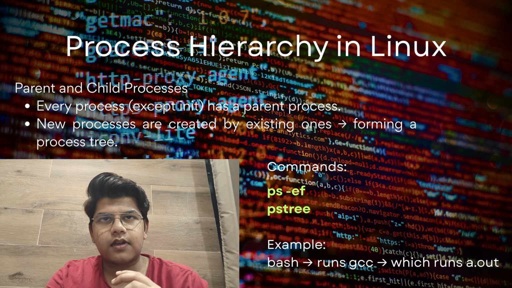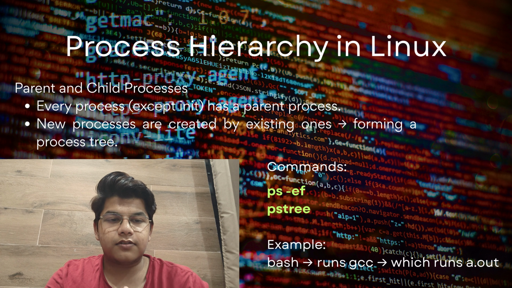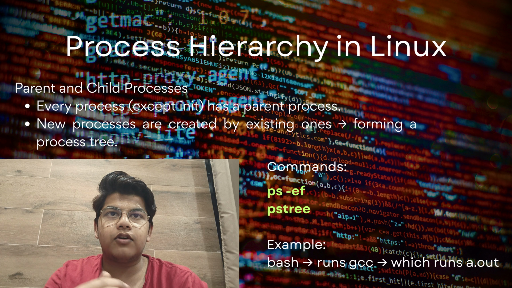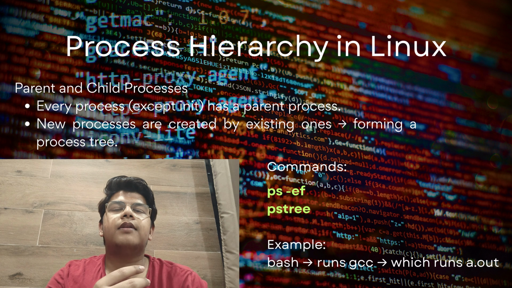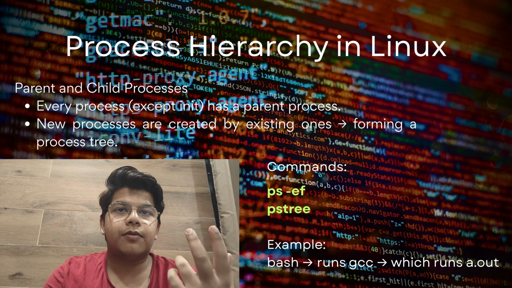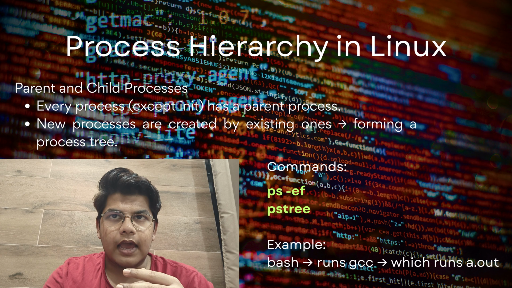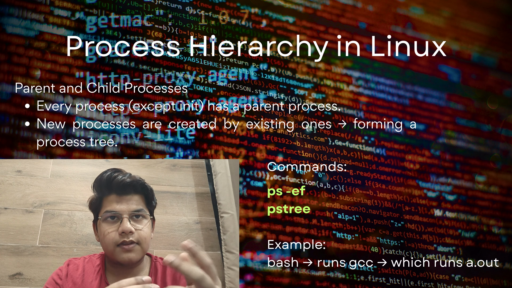In Linux, processes are organized into a hierarchy. Every process except the first one created at boot has a parent. When a process creates another, the new one is the child, and this parent-child relationship forms a process tree. For example, your shell process might spawn GCC to compile code, and GCC might spawn the linker or other helper programs.